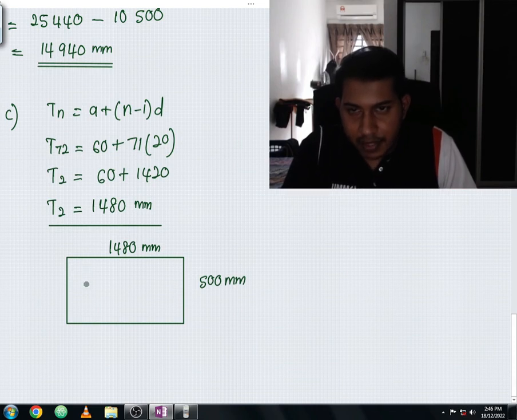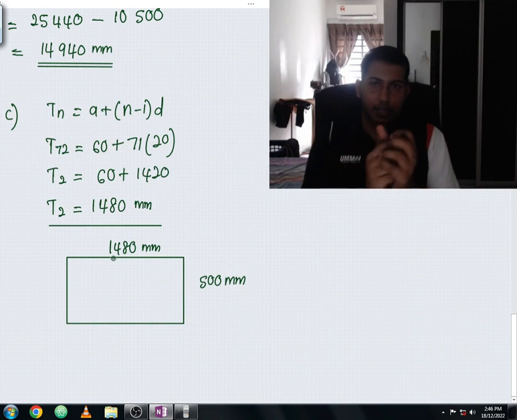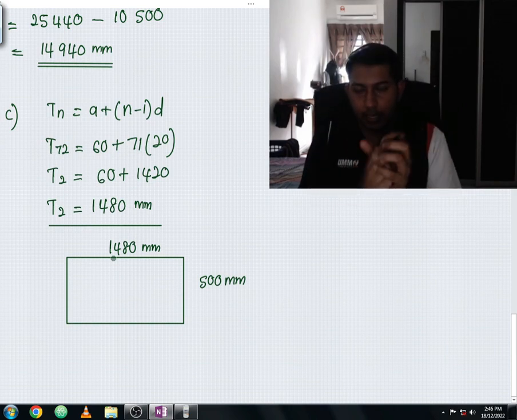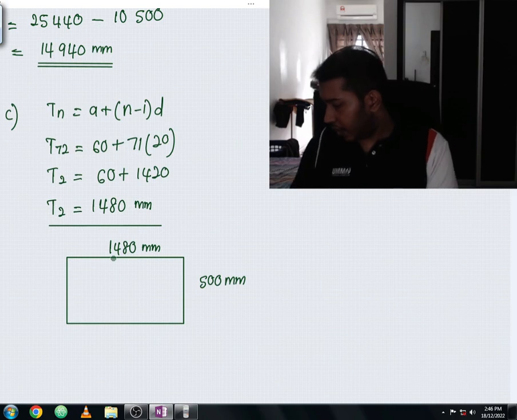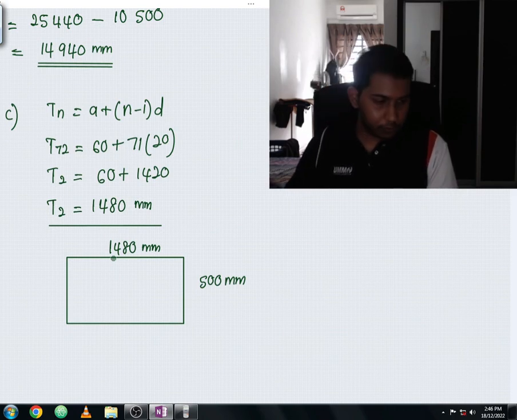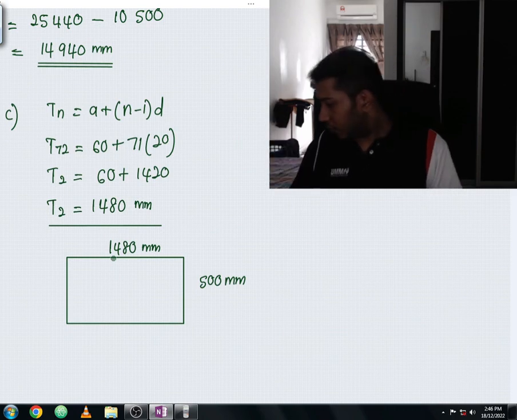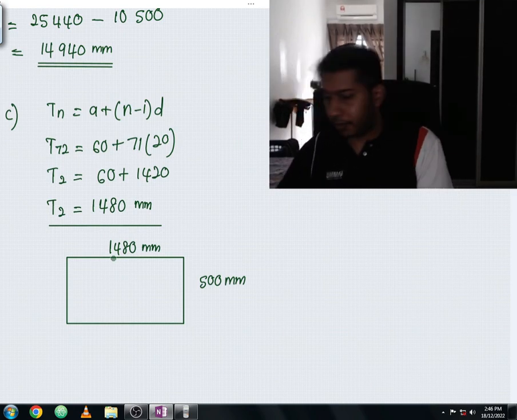From here, our first step is finding the radius, because you are forming a cylinder, right? So how to form a cylinder? Remember, guys, just take an example. Let me show you one.